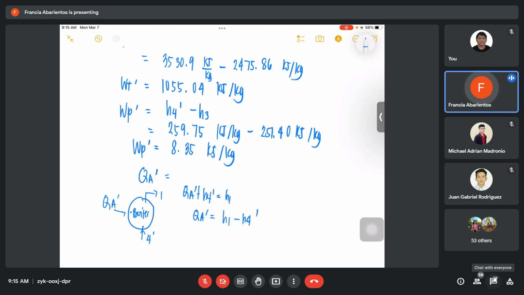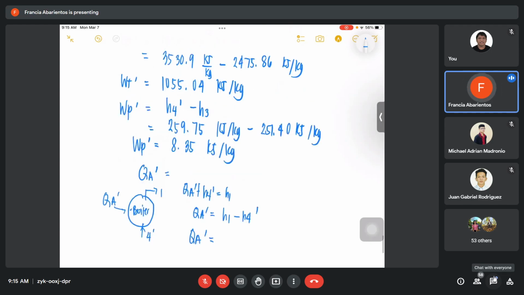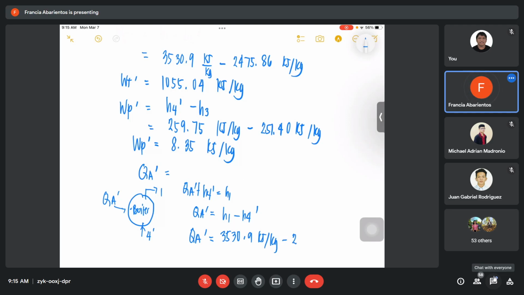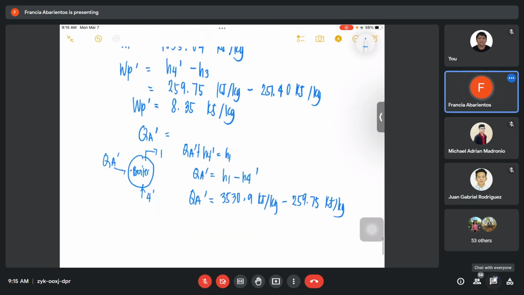So the heat added now, H1 natin is 35.9. H4 prime natin is 259. What is now the boiler, the actual heat added in the boiler? 3530.9.